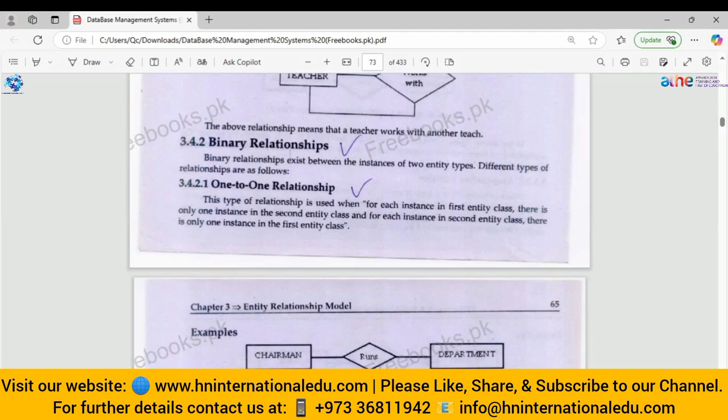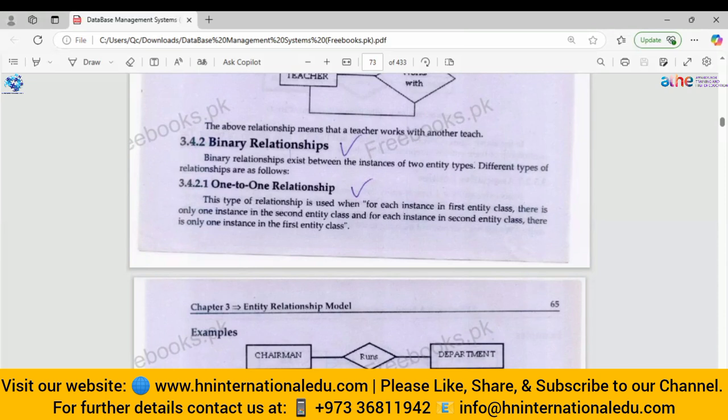In the binary relationship, we have different variants or types: one-to-one, one-to-many, and many-to-many. So what does it mean? For each and every class or table, we have a relationship with another class. Let's suppose we have two entities, a chairman and a department.